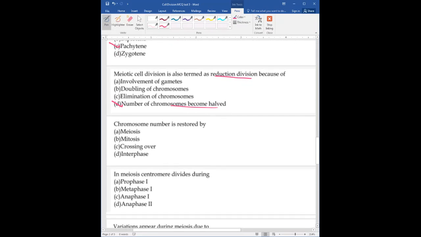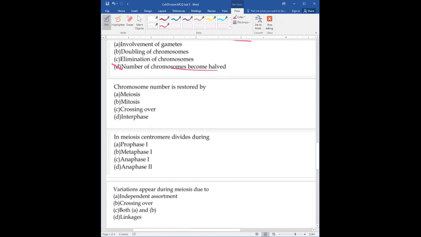Okay. Next thing, Ankita. Ankita, chromosome number is restored by. Yes, it is going to be meiosis.